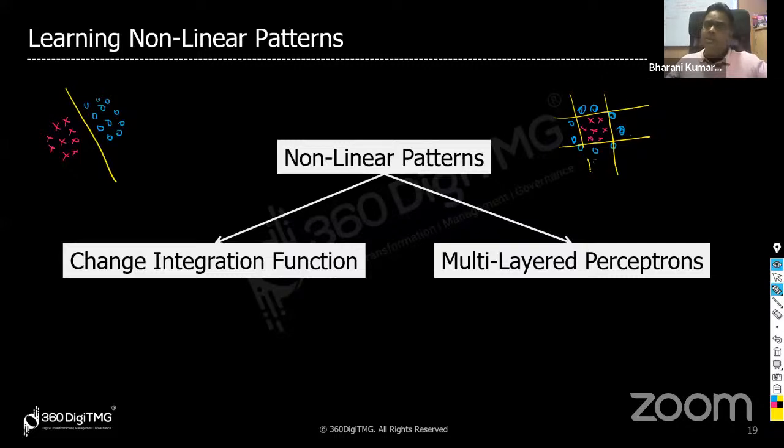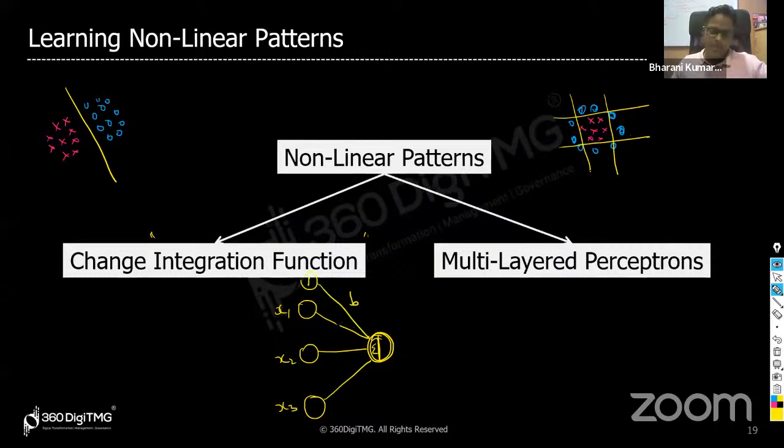To capture this nonlinear pattern, there are two ways to handle it. One way is change your integration function, meaning if you have 3 neurons in your input layer and 1 layer in your output, integration is summation usually. If this is x1, x2, x3, of course, you'll also have one bias and weights will be randomly assigned.